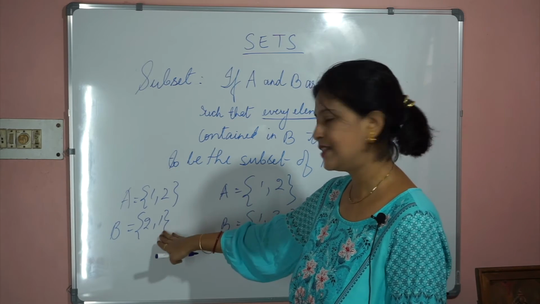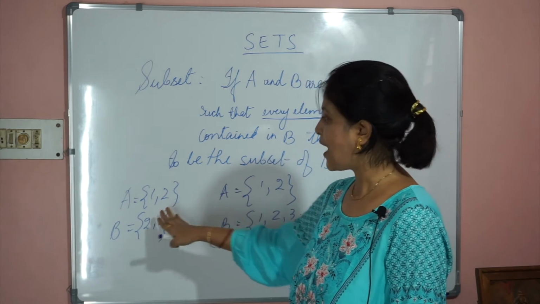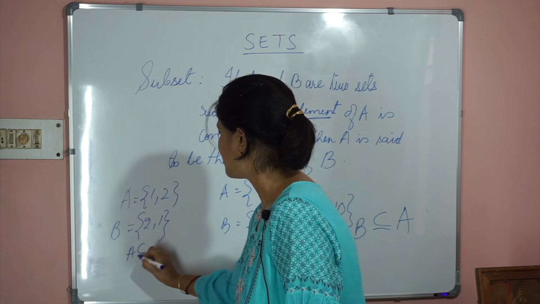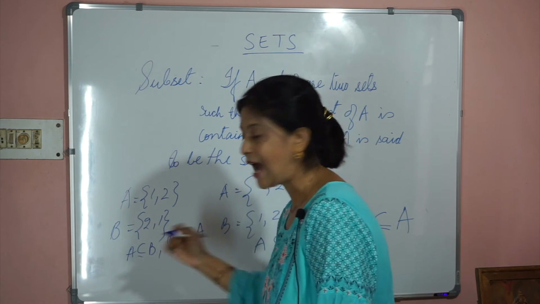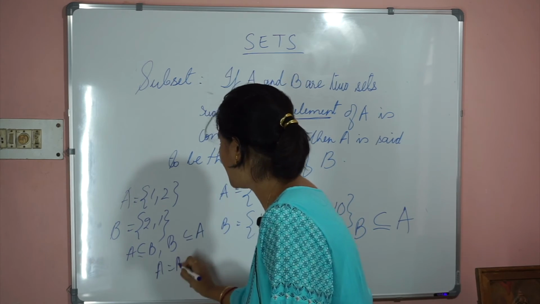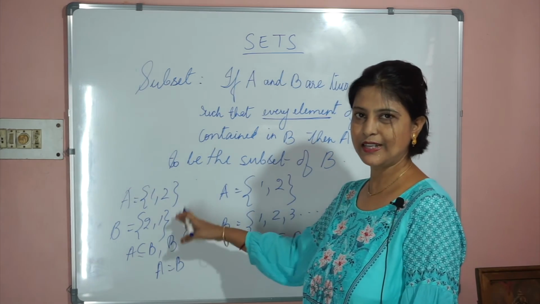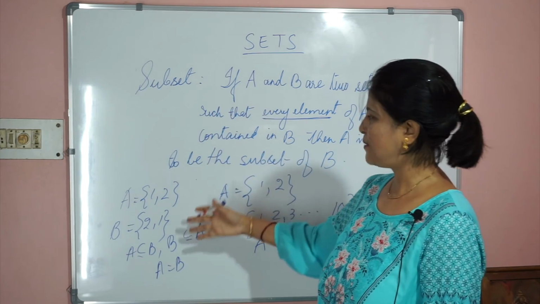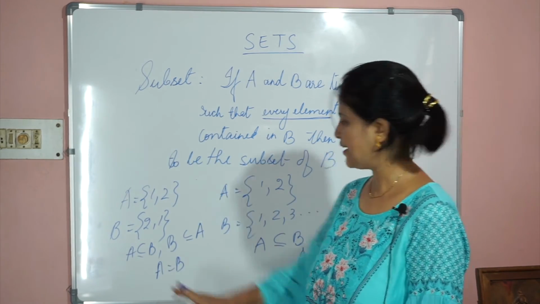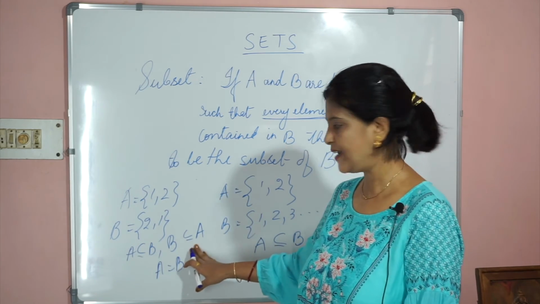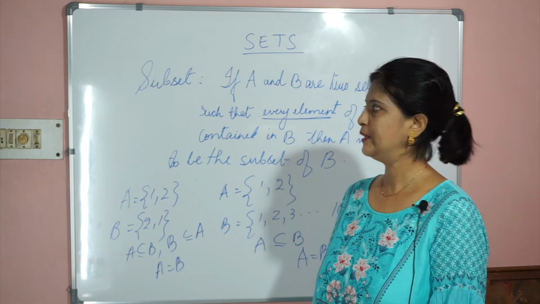Every element of A is contained in B, and every element of B is contained in A. So A is a subset of B and B is a subset of A. Thus A and B are equal, because the elements are the same. But if I need to explain using the concept of subset, this is what I will write. Wherever these two conditions are satisfied, both sets turn out to be equal.